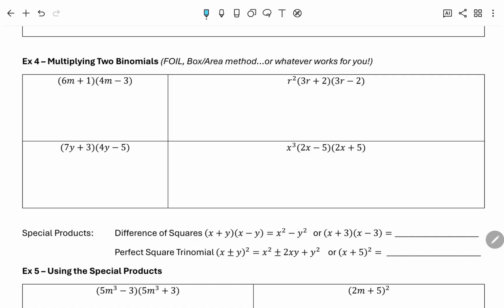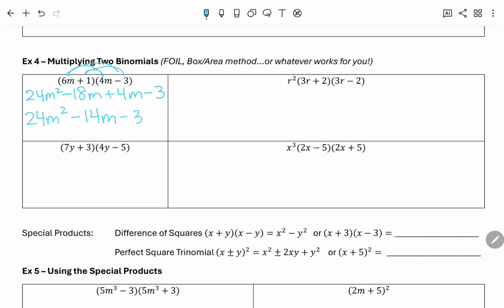Okay, I kind of stick with that FOIL method, but if you've heard of box or area method, do what works for you. As long as it's mathematically sound, go for it. So here we have 24m squared minus 18m plus 4m minus 3 gives us 24m squared minus 14m minus 3.